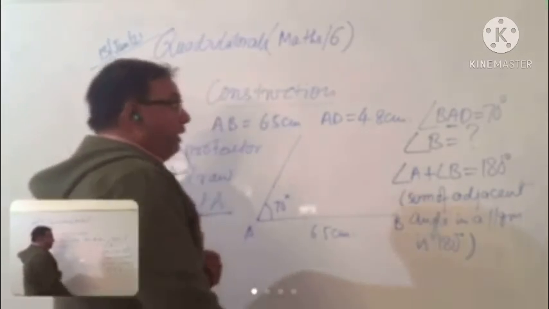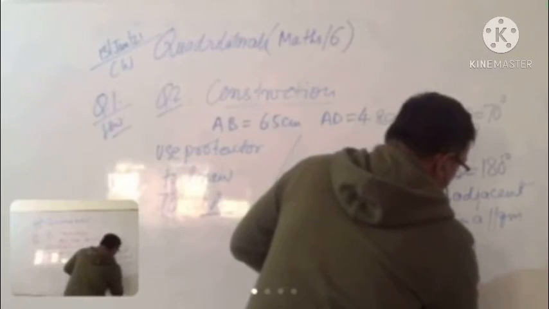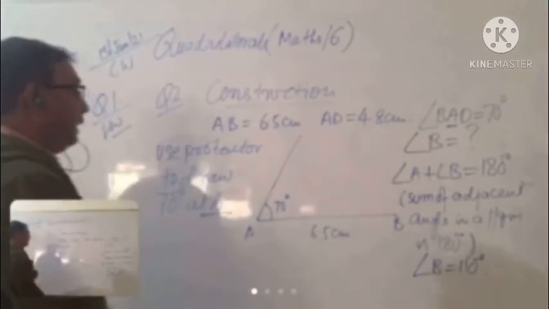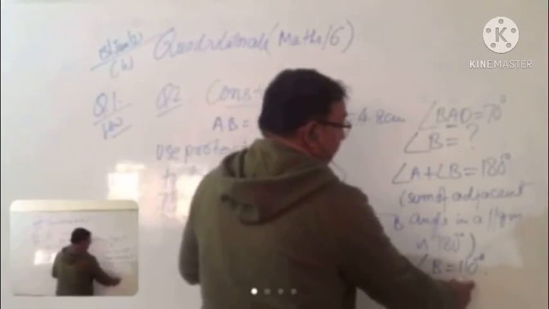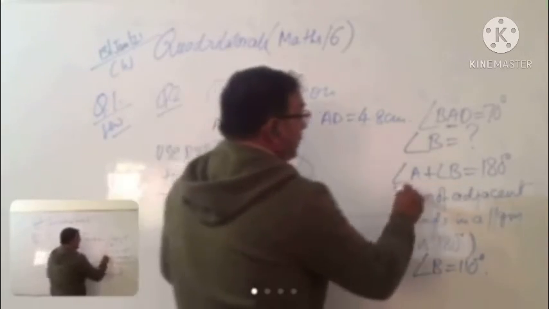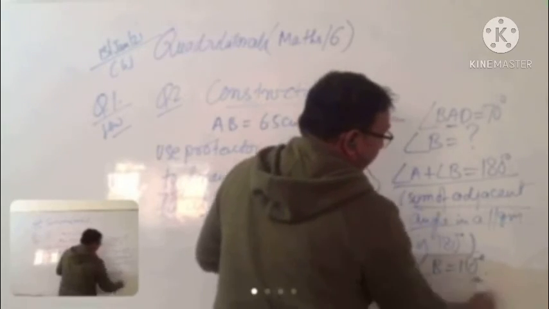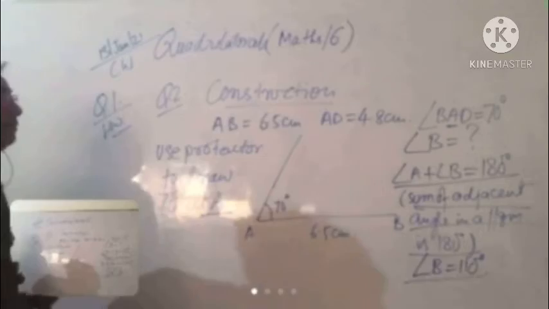Now I think everyone can understand the value of angle B. So angle B is equal to 180 degrees minus 70 degrees, which is equal to 110 degrees. As angles A and B are co-interior, their sum is 180 degrees, or they are supplementary.